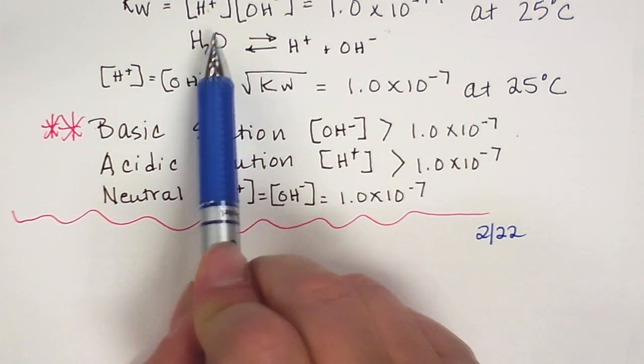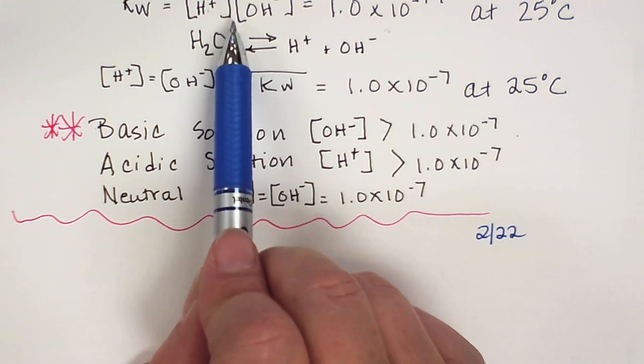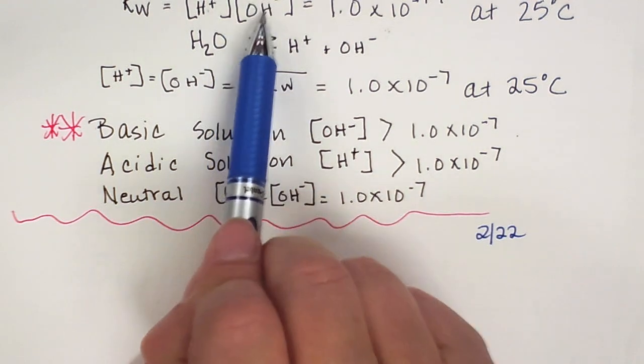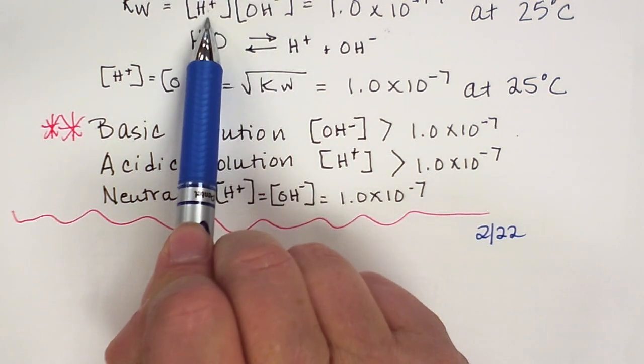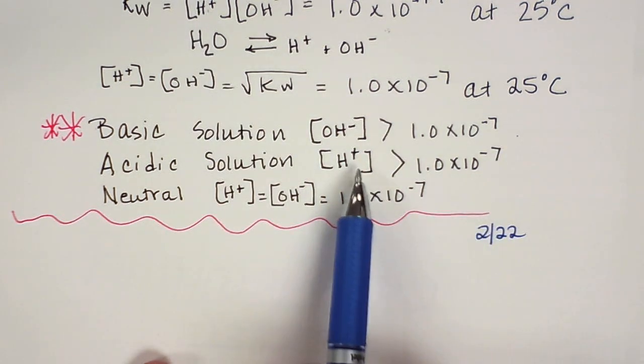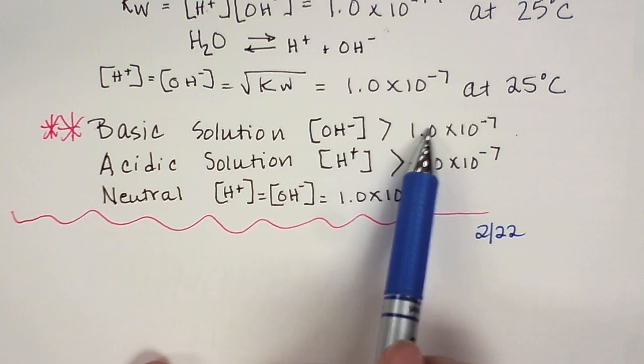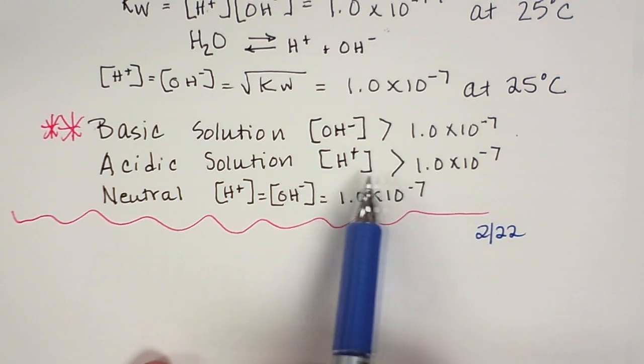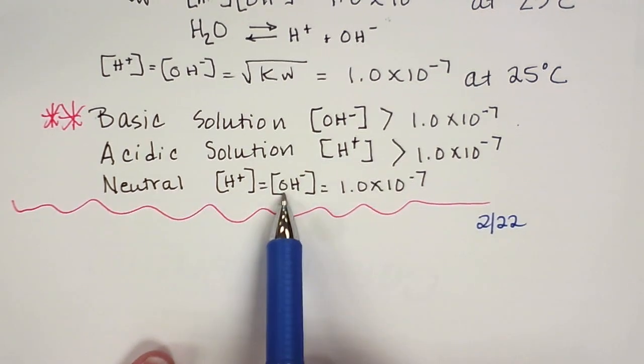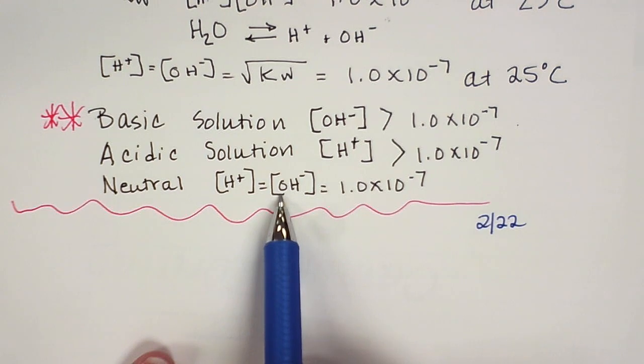They're not equal. So this is an indirect proportion, right? As one goes up, the other goes down. If the hydrogen is greater, then the hydroxide is less. If the solution is neutral, then they are equal.